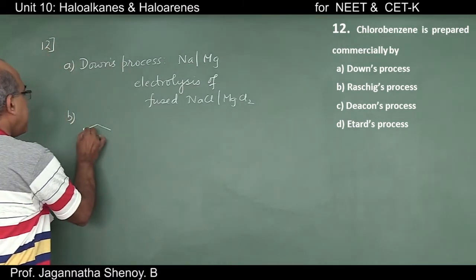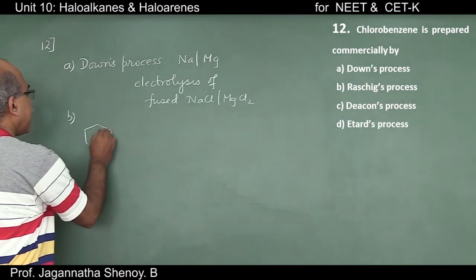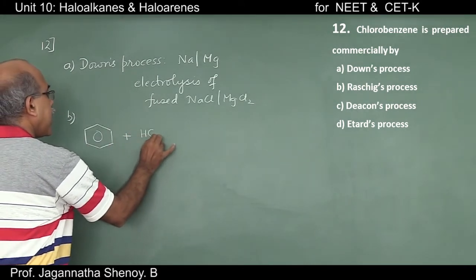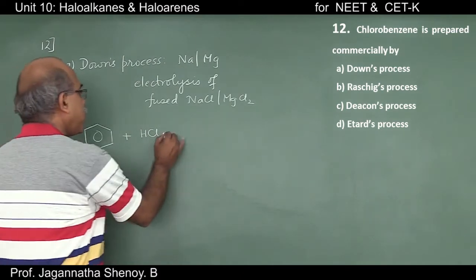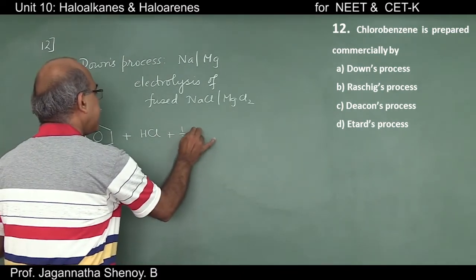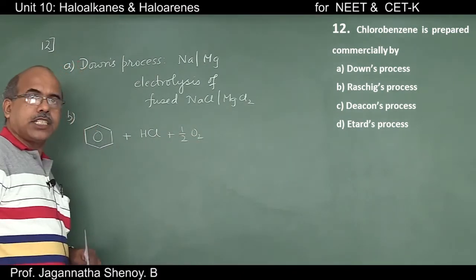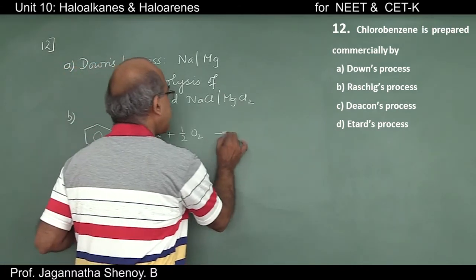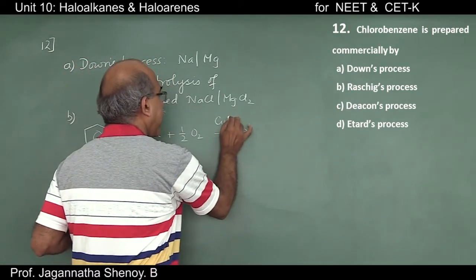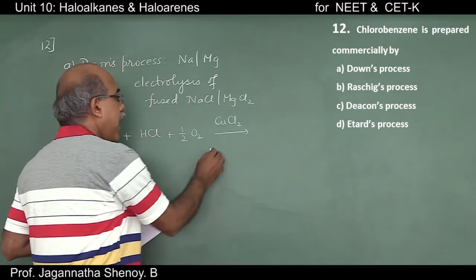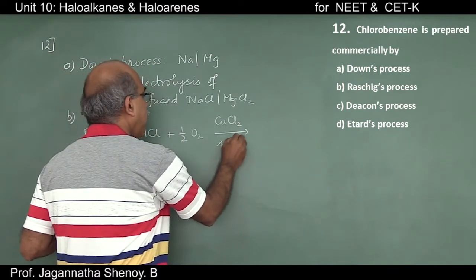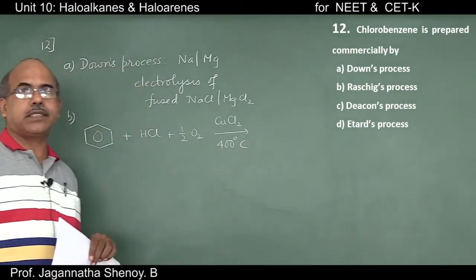I'll start from benzene. I'm going to treat it with HCl, subject it to air oxidation, and reaction is carried out in the presence of cupric chloride as the catalyst, at around 400 degrees Celsius.